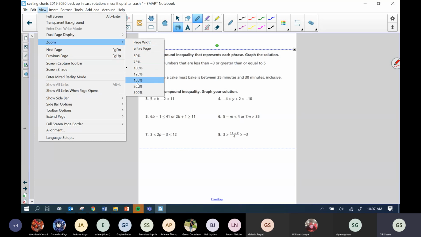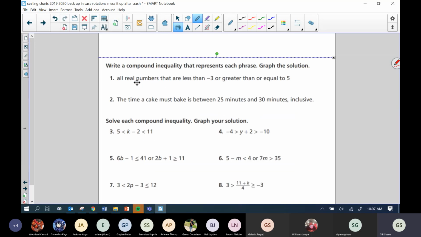So, all right, let's go back to this. Zoom in. All right. So, first step, I would say x equals the real numbers. Now these real numbers need to be two things.